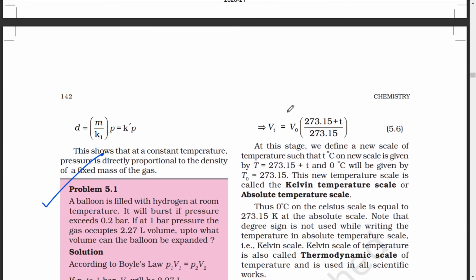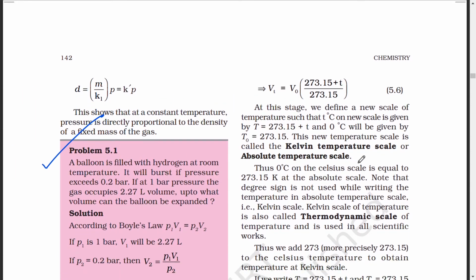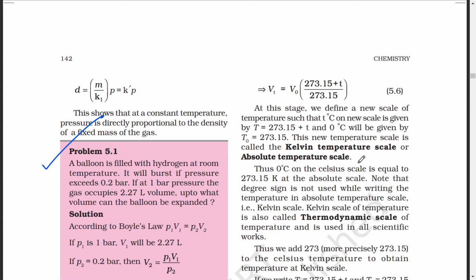Now at a stage we can define a new scale of temperature such that 30 degrees Celsius on a new scale is given by this, and 0 degrees Celsius will be given by 273.15.